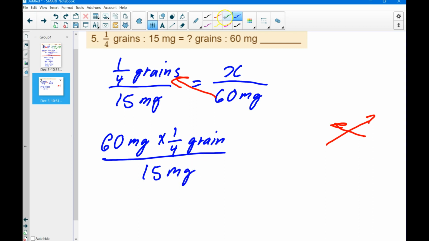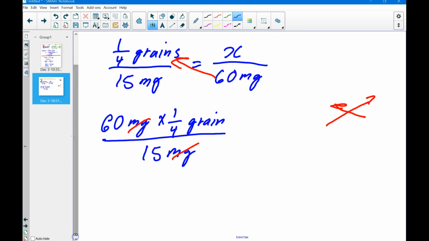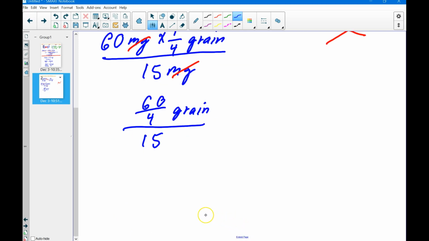First thing you'll notice right away is that the milligrams will cancel out. And I'm left with 60 multiplying through on the top. I'm going to have 60 over 4 grains divided by 15, and it might look really confusing until you take that 60 divided by 4 is actually 15.